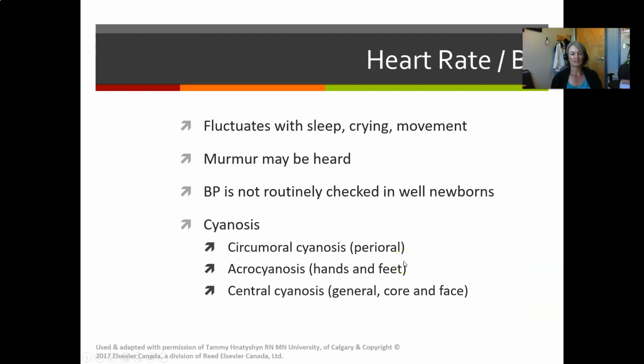So what do we expect to have happen? Well, our heart rate is going to fluctuate a bit. 110 to 160 is a pretty wide range, and newborns tend to flow through there. We don't want to hear any adventitious sounds or murmurs, right? We want just that clear and crisp S1 and S2.